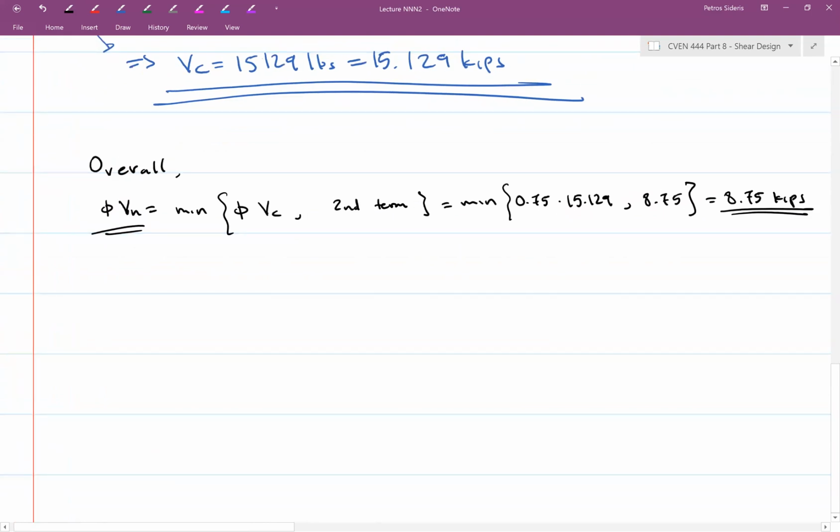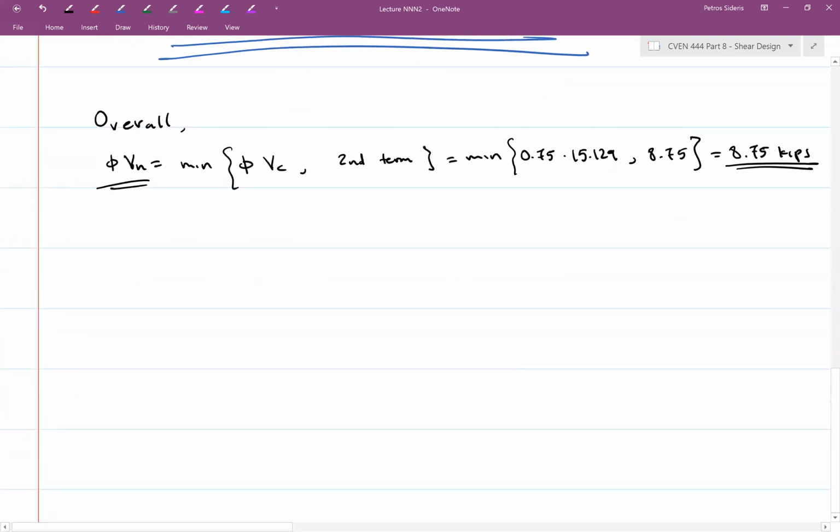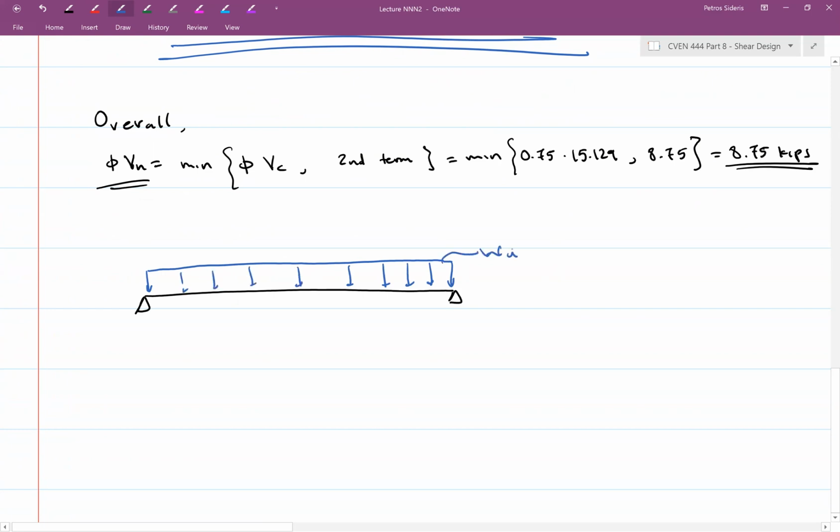And that was the first step. The second step in this problem was to find essentially the capacity, or the maximum load WU that can be supported by this beam. So let's see what we have here for the second step. We have a simply supported beam with some applied load WU.